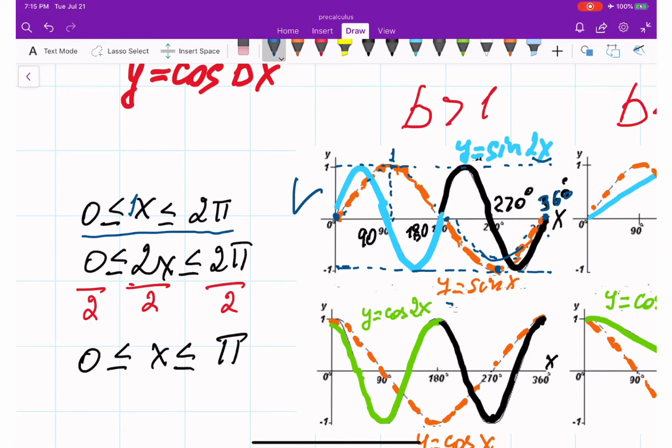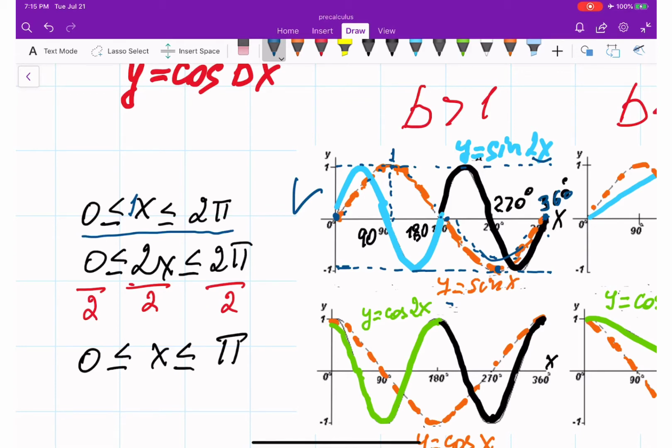So the blue color is our one wave, and then the black color is another wave. Why did I shade in two different colors? Because to find the period, we fit two waves in 360 degrees, but what is the period? You cannot have the same period as sine x, right?